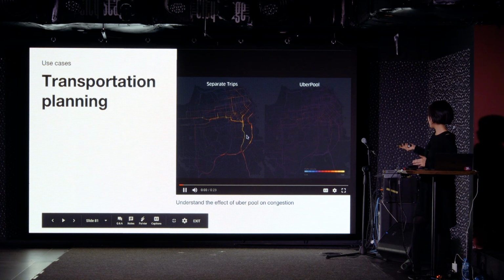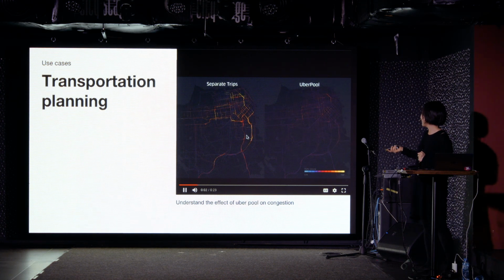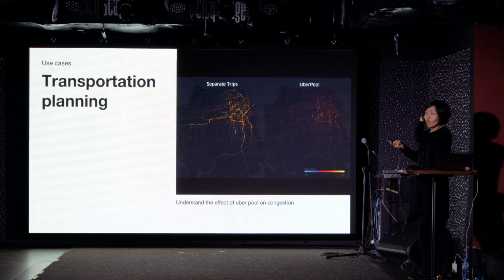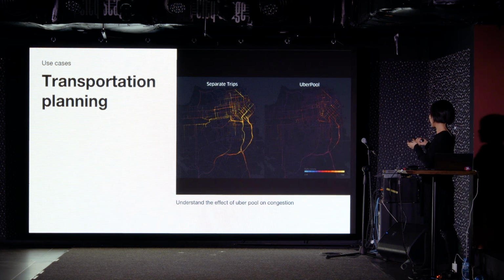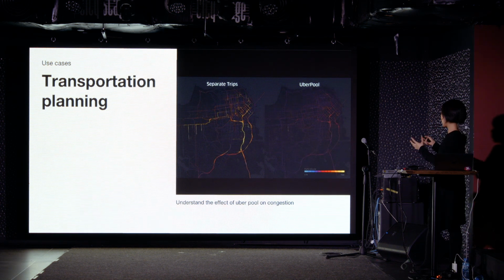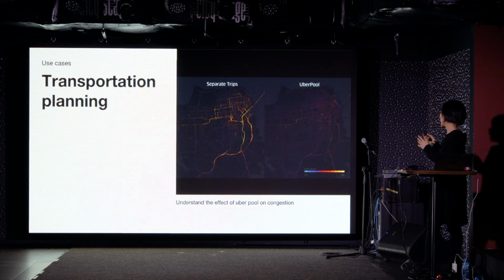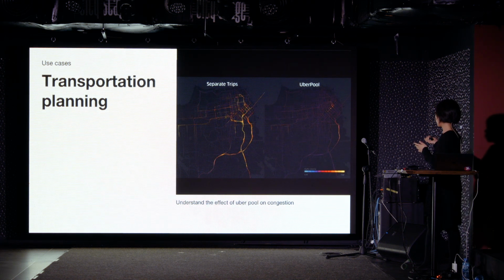Here's another famous case done by my colleague. This picture depicts basically how congested each road segment becomes if all the trips happen as separate trips versus the trips being combined using the Uber Pool product.